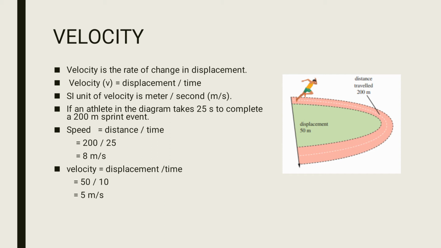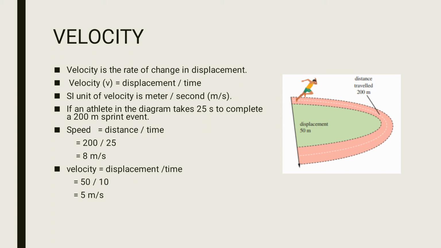Remember that the distance is the full length of the track. Now come to velocity. So, formula for velocity is displacement by time. Displacement is the shortest length that covers the starting and ending point. In this, the shortest length that he travels to complete the starting and ending point of the track is 50 meters and the time taken to complete that 50 meters is 10 seconds.